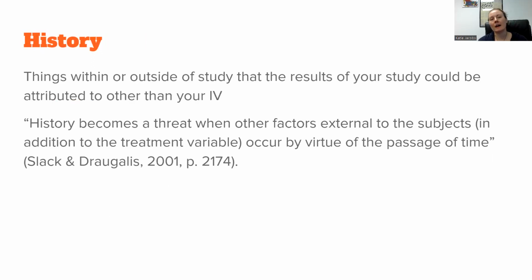So for example, if I was doing a study on germophobia and the prevalence of germophobia, if I was doing that study in March of 2020 and COVID happened and people became very hyper aware of germs and viruses and things like that, that would be a threat to the internal validity of my study. Although we could probably talk about what that looked like within that time period, that's probably not what it's going to be typically within society.